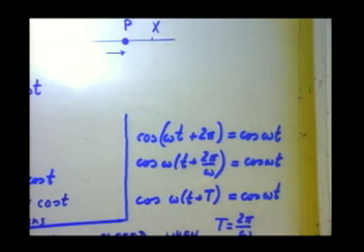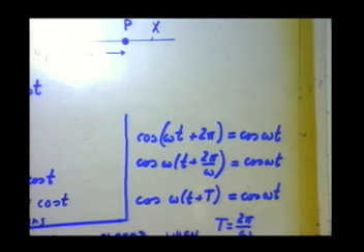And now I would like to fit this definition. What is a period? Period is something that, once I add it to small t, the function will not change. Cosine omega t plus capital T equals cosine omega t. That is what period is.